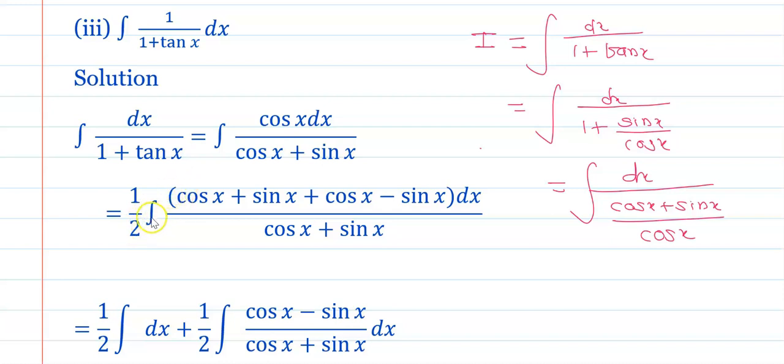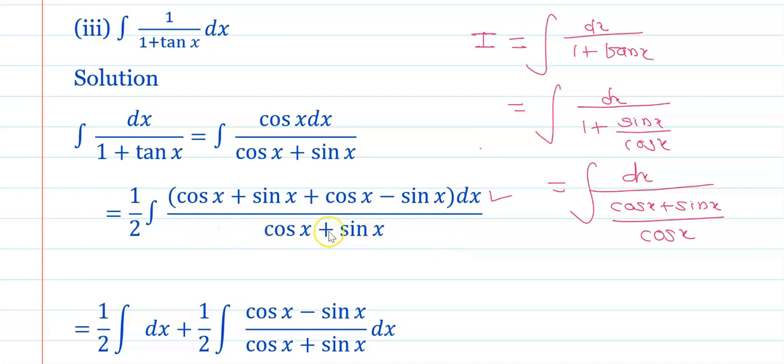That 2 will get cancelled. First, cos of x plus cos of x, you will get 2 times cos of x. You can cancel this 2, you will get this original form. Next, also we have added here plus sin x and minus sin x. Plus sin x minus sin x get cancelled. Cos x plus cos x, 2 cos x, 2 gets cancelled. And here we have arranged to find out this integral.